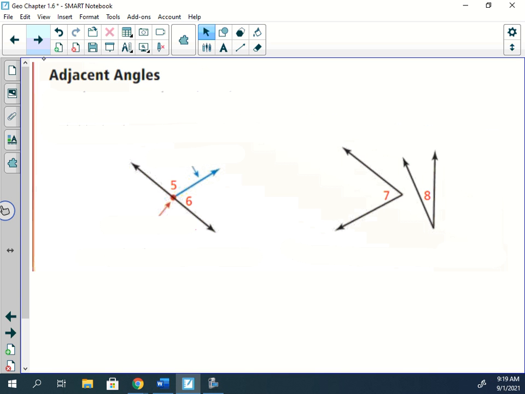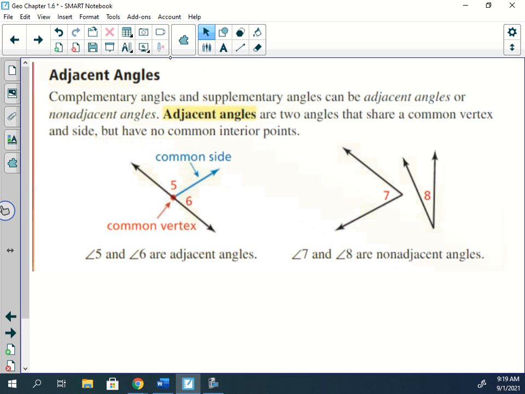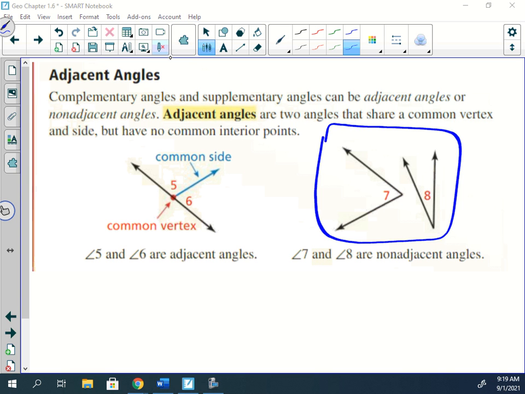Adjacent angles, there is a lot here. The big thing with adjacent angles is that they share a common vertex and a common side. For two angles to be adjacent, they need to share a common vertex and a common side. If they do not, they are not adjacent. So these here would not be adjacent.